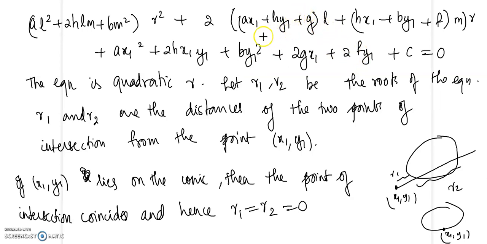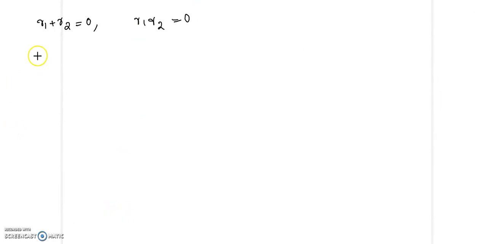So we will get these two equations. This one equal to 0 and this one equal to 0. So this is the sum and product of roots.